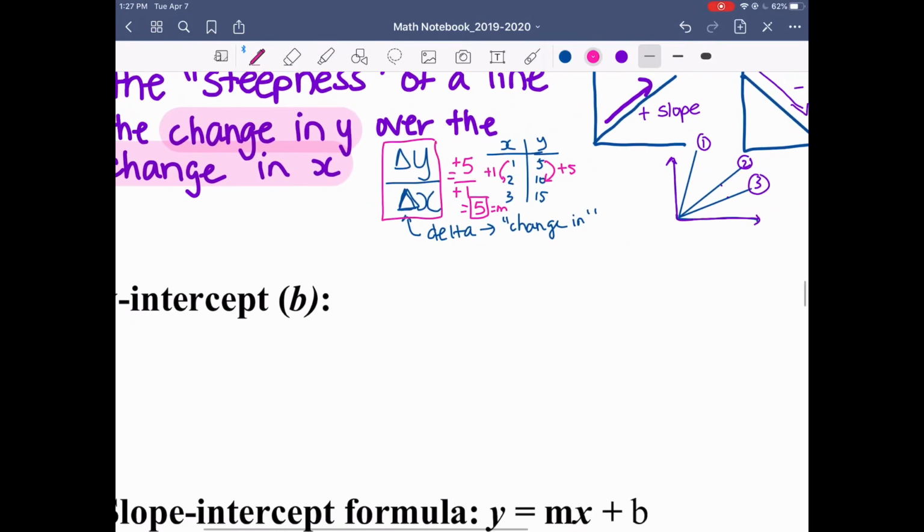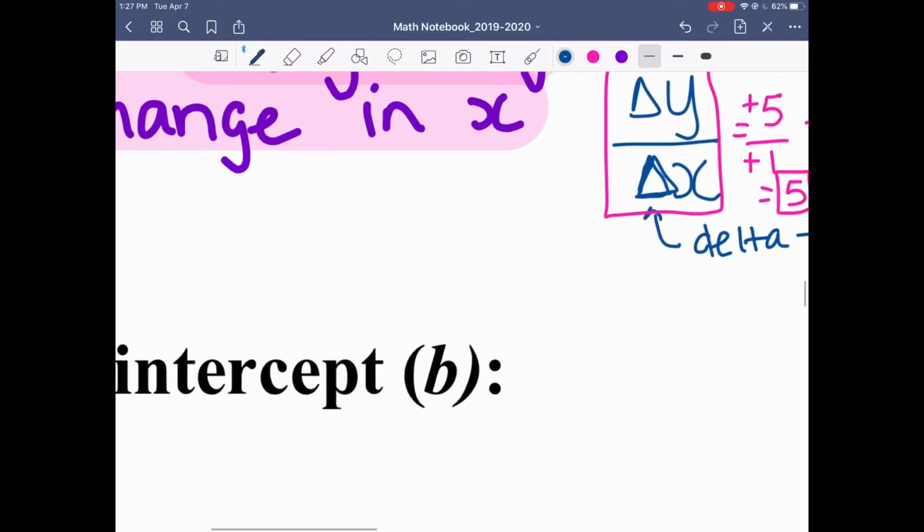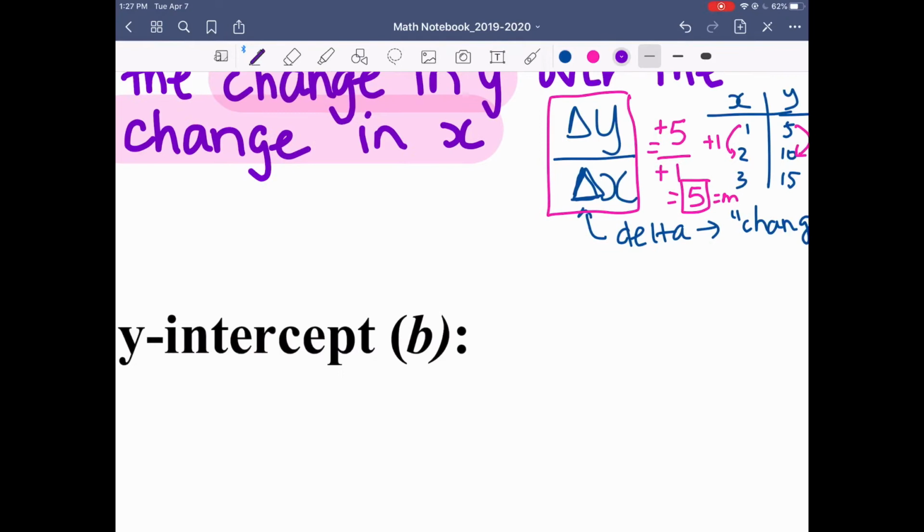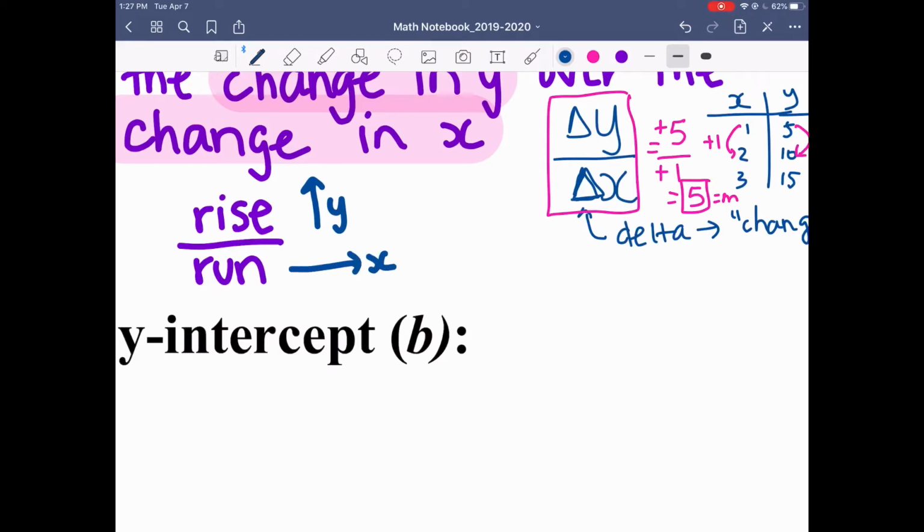Another way of calculating the slope or thinking of slope is with the formula rise over run. Rise representing the y-axis because it's rising up, and run representing the x-axis, if you're running horizontally.